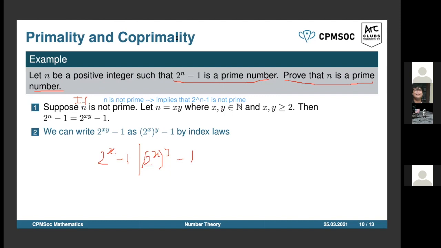So the question is, our conjecture, 2 to the x minus 1 divides 2 to the xy minus 1, is our conjecture correct? And in fact, we can prove that this conjecture is indeed correct. So we can go to the next dot point.